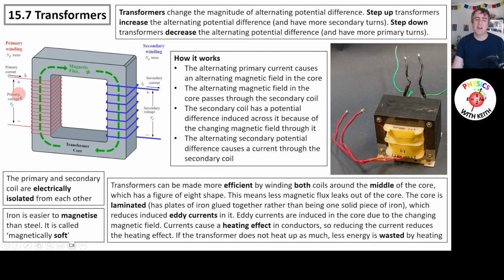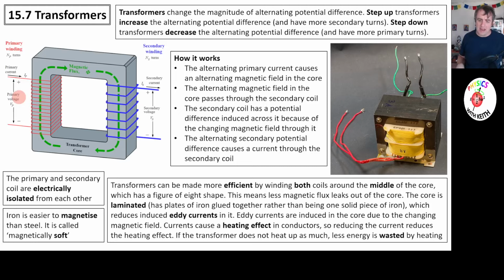Think of the primary side as connected to the source of the energy, where the energy is coming from, and the secondary side as being where the energy is flowing out of this transformer. So we have an alternating potential difference. Now, this is labelled here as plus and minus, and at this instant in time, that may well be plus and minus. But this is alternating, which means it's going to keep switching the direction of that plus and minus.